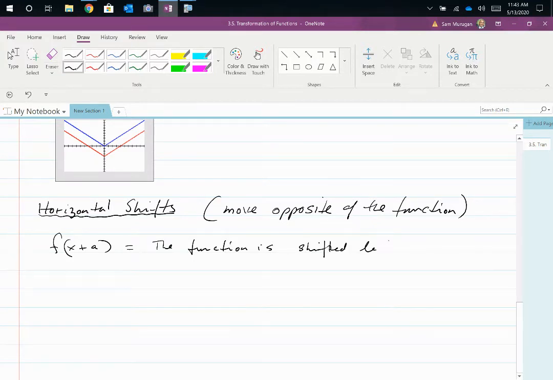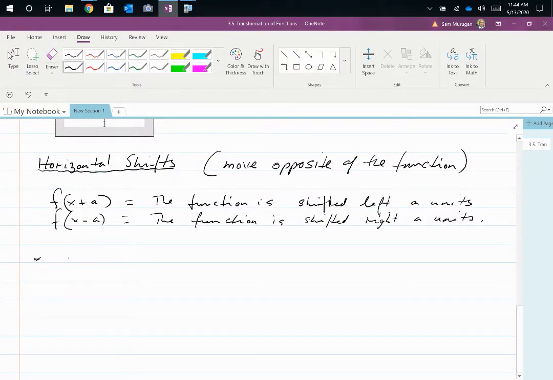Remember, opposite of the sign, so left a units. And f of x minus a, the function is shifted right a units.